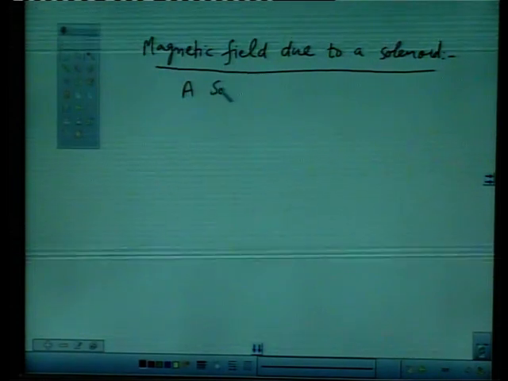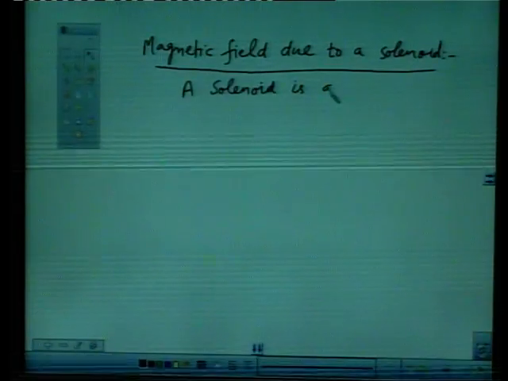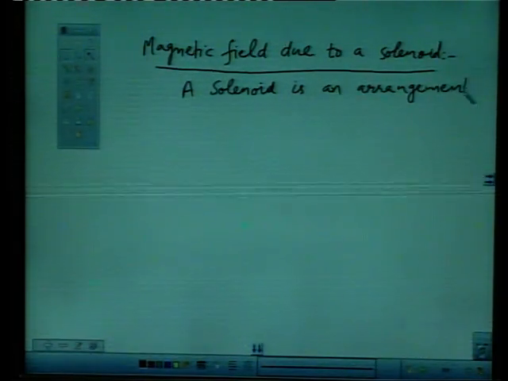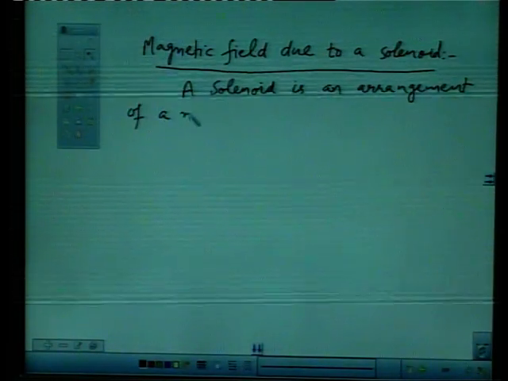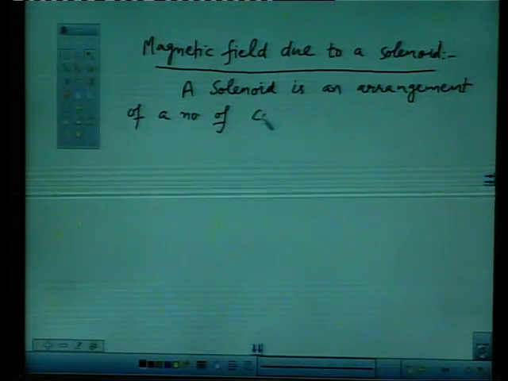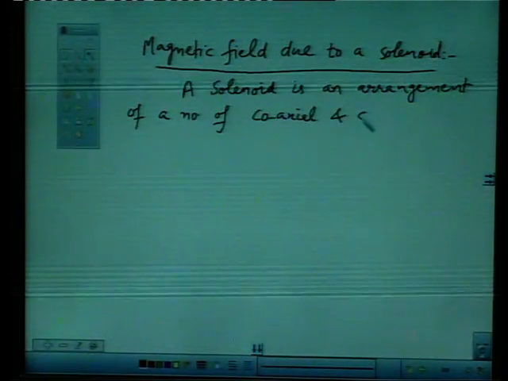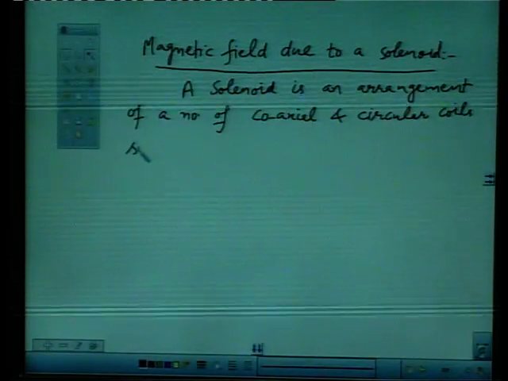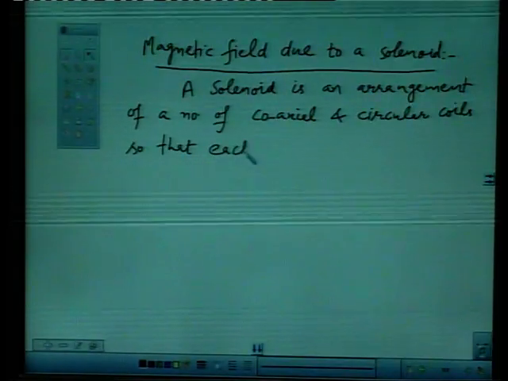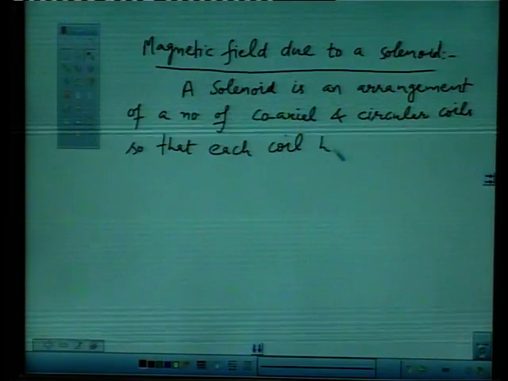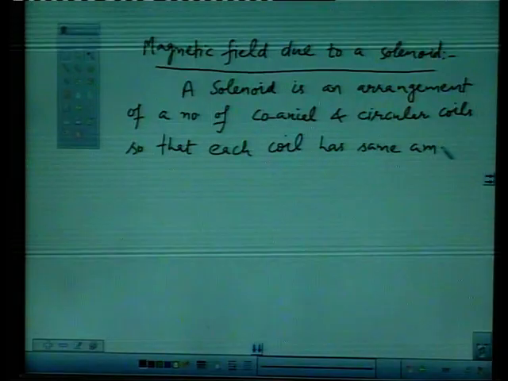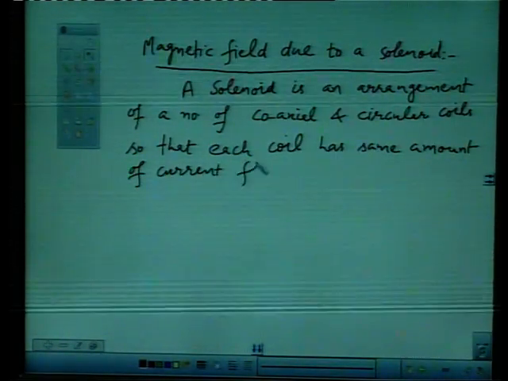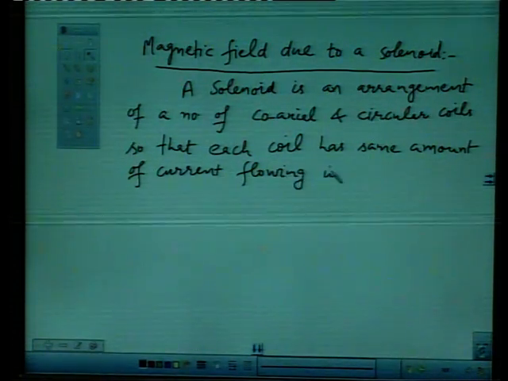A solenoid is an arrangement of a number of coaxial and circular coils so that each coil has the same amount of current flowing in the same direction.